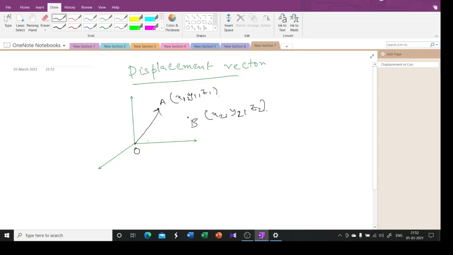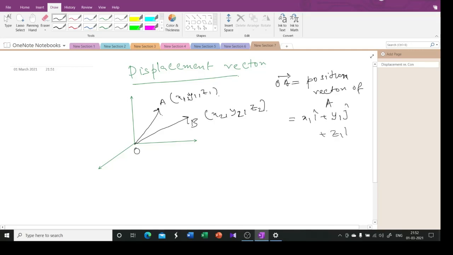This is the OA vector and this is the OB vector. Now what is OA? It is the position vector of A, which is simply x1 i cap plus y1 j cap plus z1 k cap.